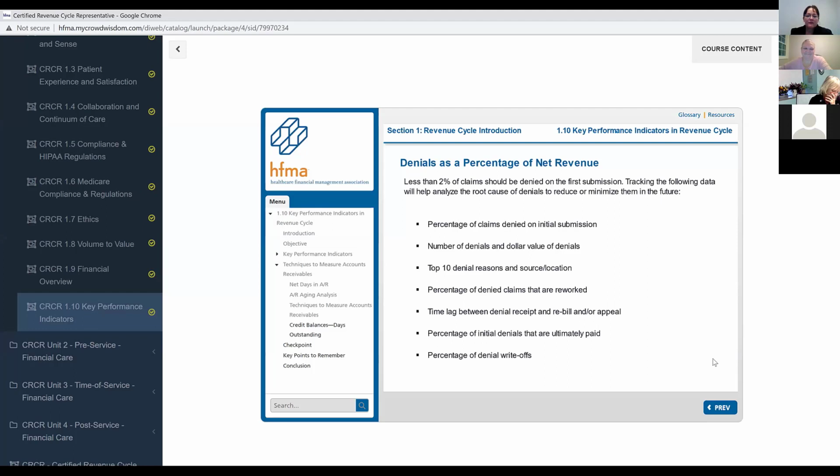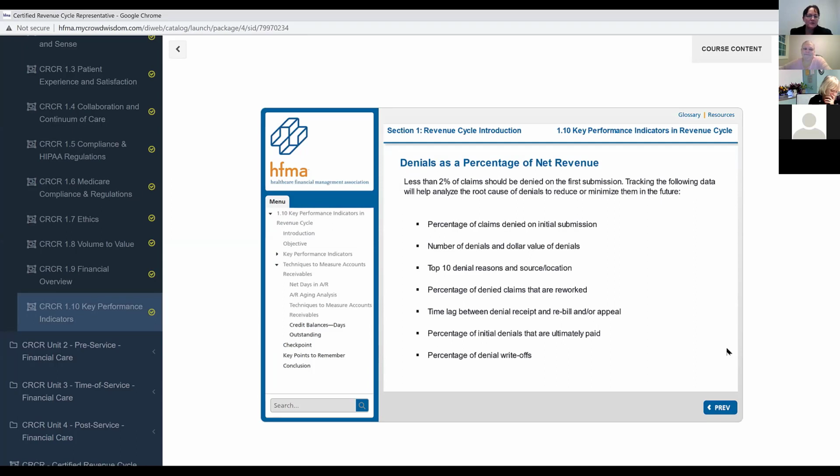But if there's a systematic flaw in the design of your process, you're going to lose out on a lot of money. So manage and review these denials, make sure you're doing process redesign, and make sure people are capturing what they need to in order to do the work. The other thing is the denial could be something the front end is doing wrong, and unless you tell them, they're not going to know.